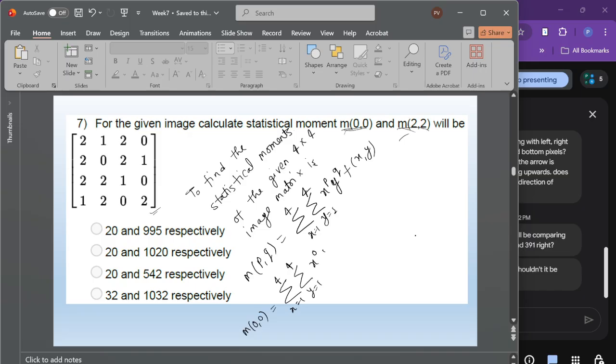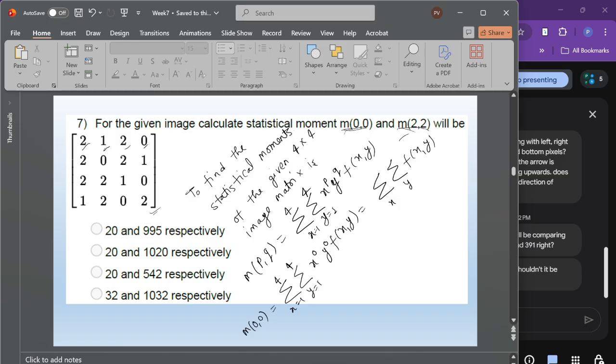So x to the 0, y to the 0, f of x, y, because p and q values are 0. So now if you further calculate it, I'm just writing here x and y, f of x and y. As already told, f of xy is a pixel intensity at those coordinates.